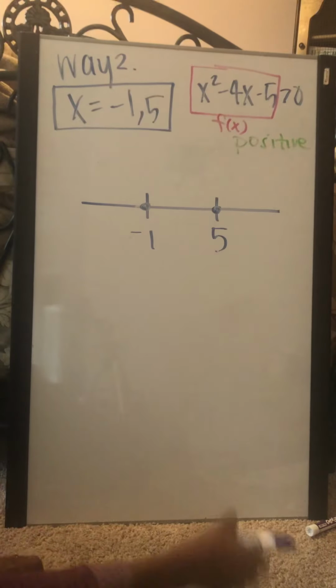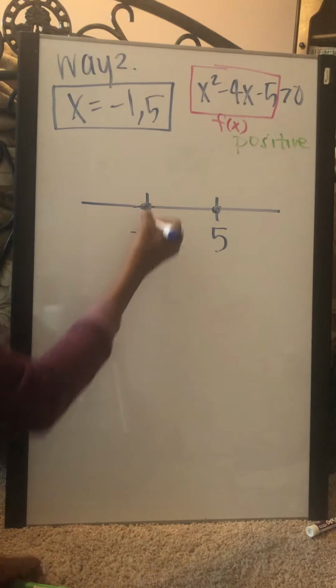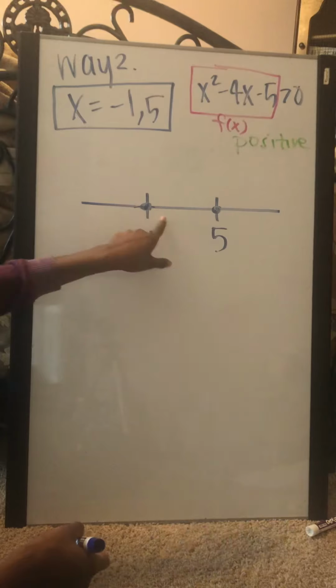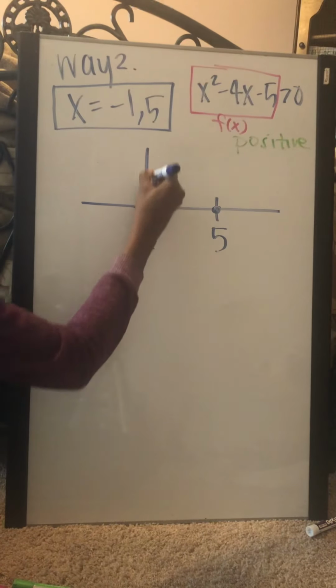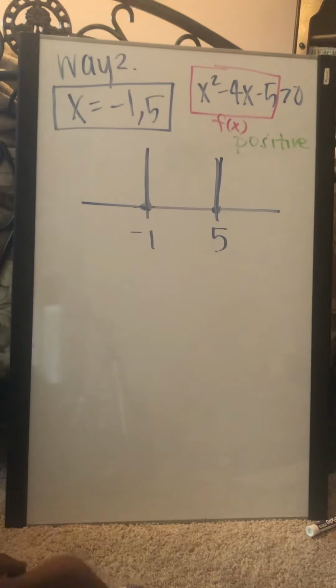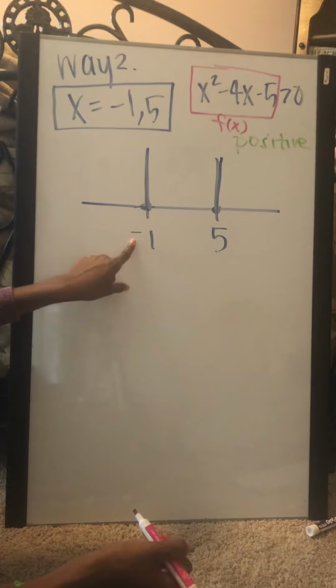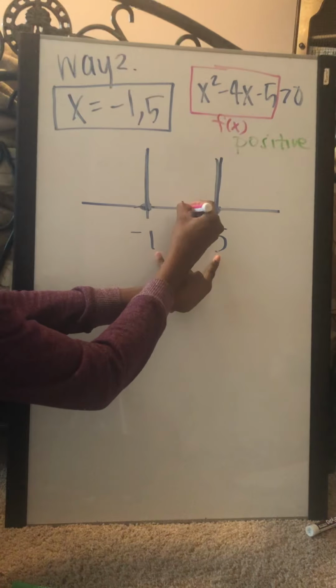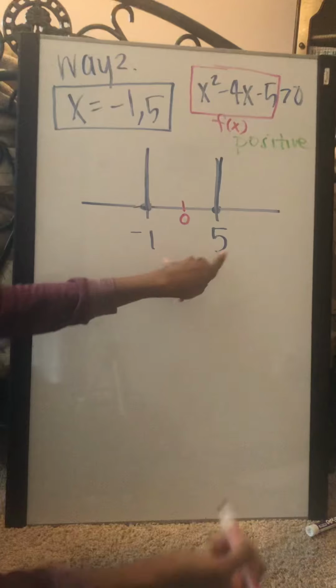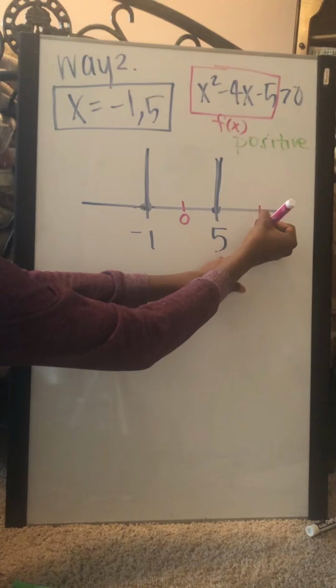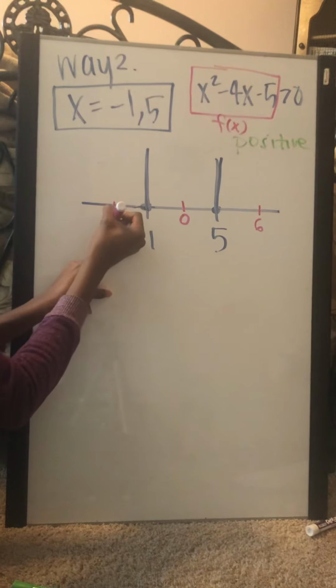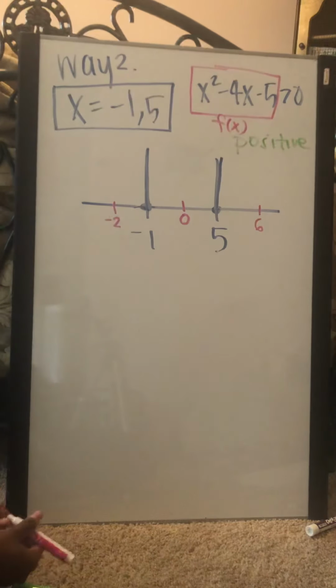So what we're going to do is pick numbers in between each of these intervals. We have a negative and a positive, so the easiest number here would probably be 0. Here I'll pick 6, and over here I'll pick negative 2.